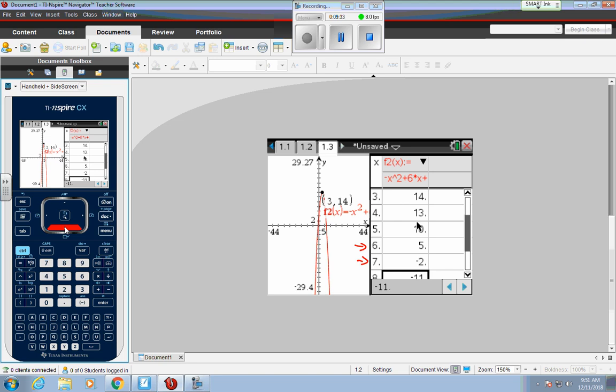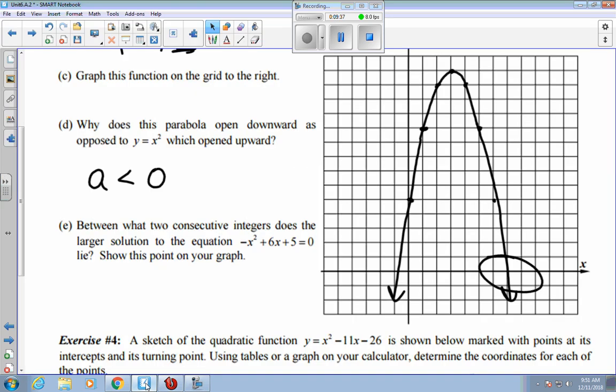The only way it can go from positive to negative is crossing the x-axis. So since it crosses the x-axis between 6 and 7, that answers the question.